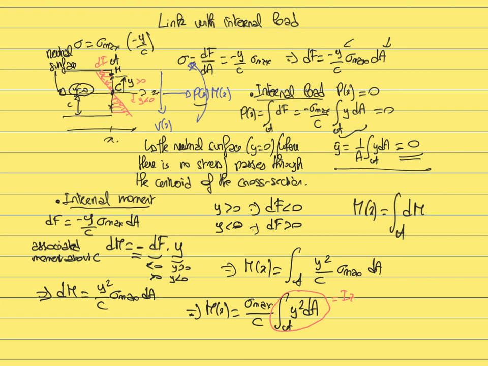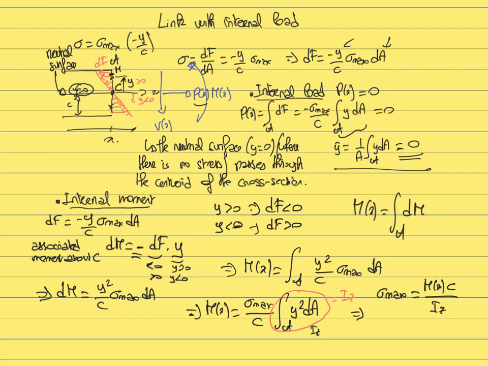Why? Because if I replace this by Iz, then the maximum normal stress is going to be the internal moment M times c divided by Iz, the moment of inertia about z.